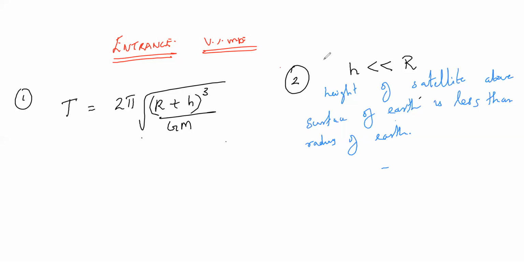Very easy formula for us. This also we have done in the last class. V naught is equal to root of GM by R, which is equal to root of gR. Everything is inside the root. This is my second one.